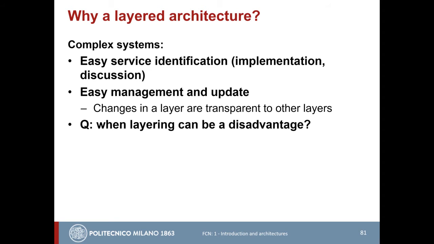What are the advantages of this apparently complicated architecture? There are several advantages, and in fact, the layer architecture has been one of the reasons for the success in communications. We have a very complex system, but if we partition it into different logical parts, we can easily identify the service that is given by each part.